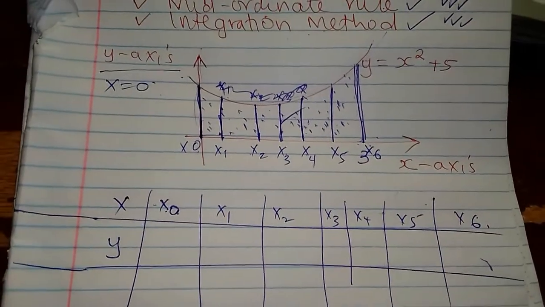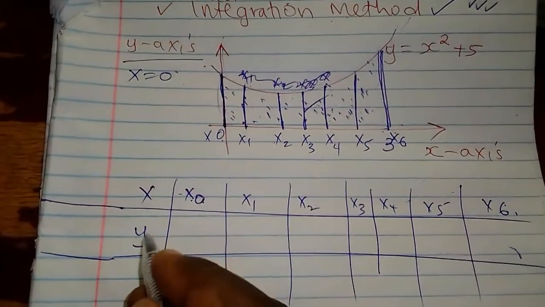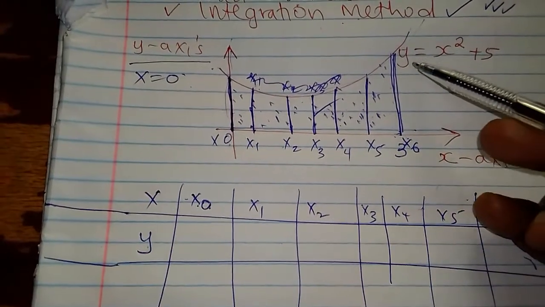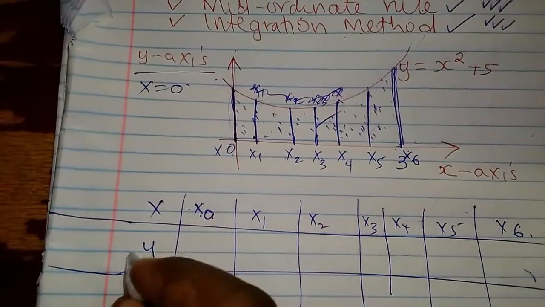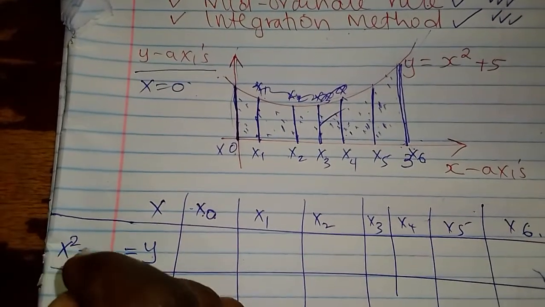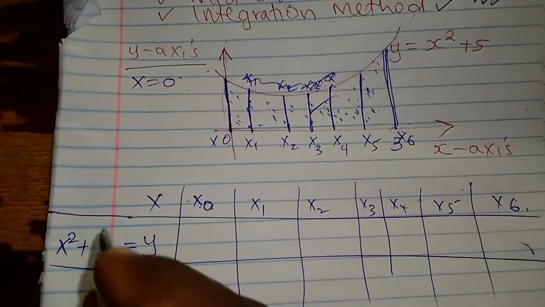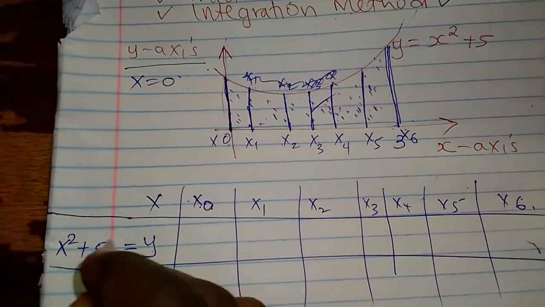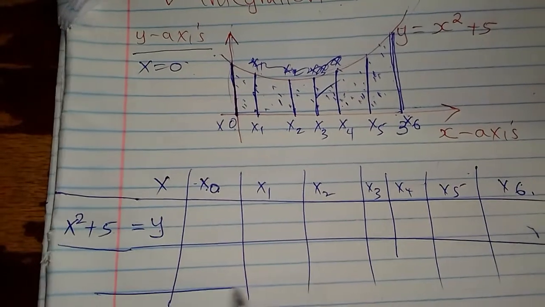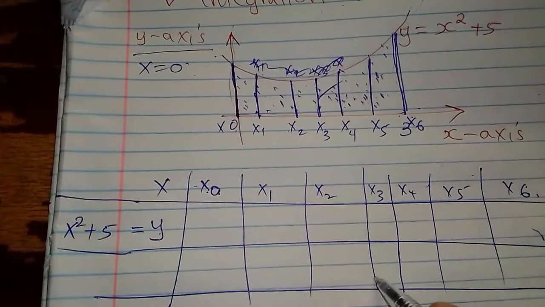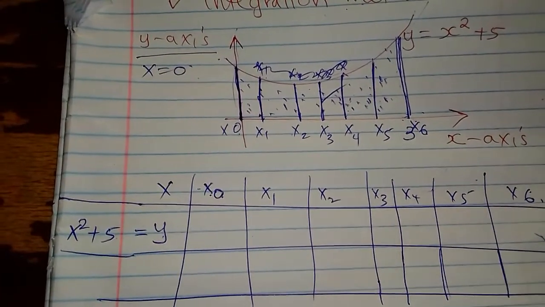Now after that, you can come here and say, how do I get y? The curve reads y is equal to x squared plus 5. Now in this case, I will only be able to get the value of what? Of x.